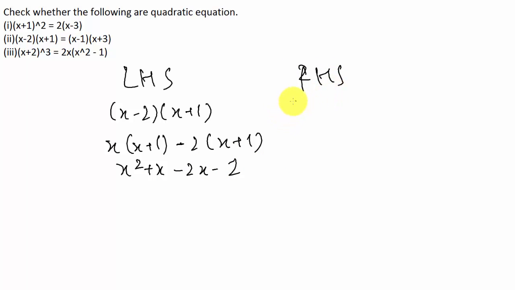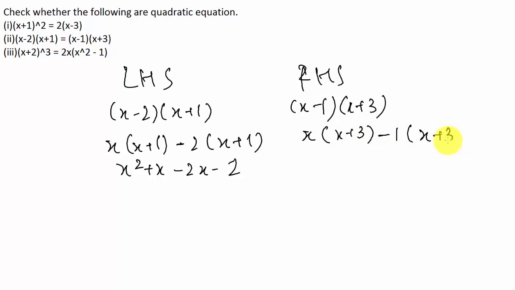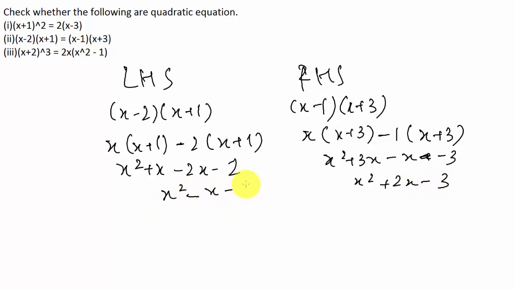RHS is x minus 1 into x plus 3. That is x into x plus 3 minus 1 into x plus 3. That is x square plus 3x minus x minus 3. This is x square plus 2x minus 3, and this is x square minus x minus 2.